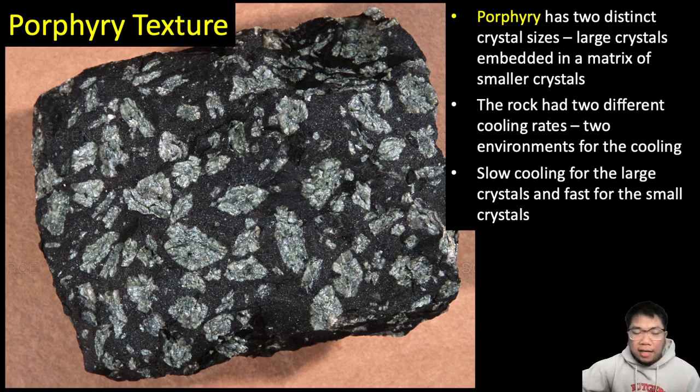And the next thing that I would like to mention here is that there's actually a little bit of an exception. Sometimes the rock has two distinct crystal sizes. Here, for example, I have an igneous rock that has very large crystals right here, 1 and 2. But they are embedded within a very fine grain matrix, which is this black region right here in between those whitish crystals. So how do we get fine grain crystals and coarse grain crystals at the same time?